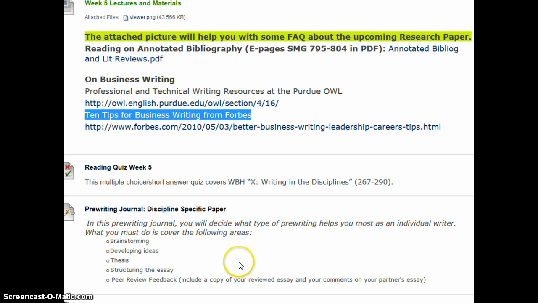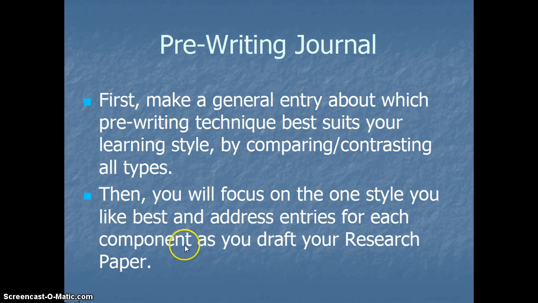So what I would like you to do is, as you are writing your research paper in the next few weeks, I want you to do several entries where you use any method that you like and you use that style in showing me your pre-writing for your research paper.